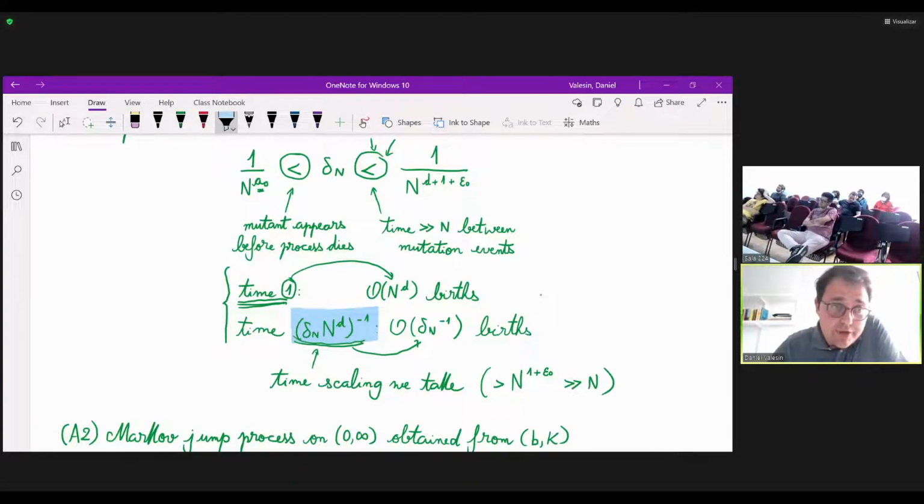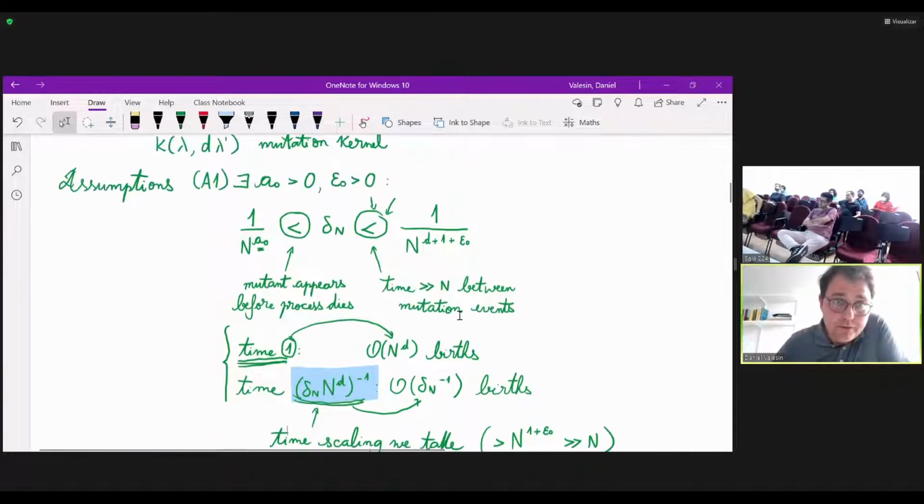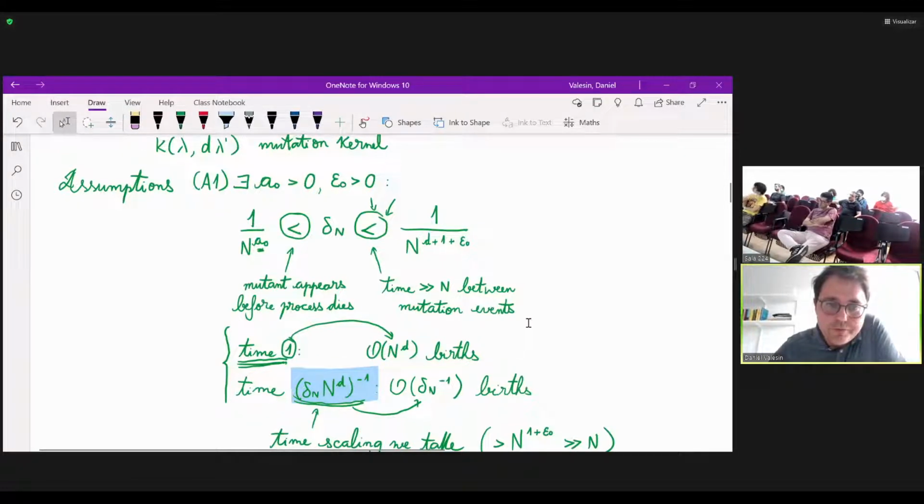And this time scale is much larger than n by our assumptions. So this is how we will speed up time. So that is our first assumption. It involves how the sequence delta n goes to 0.